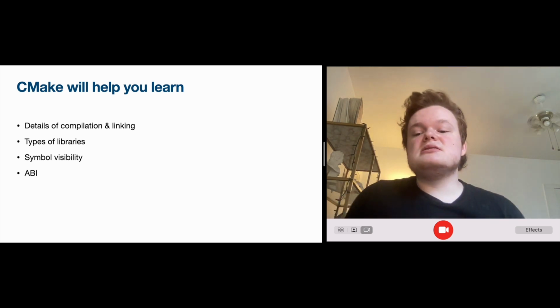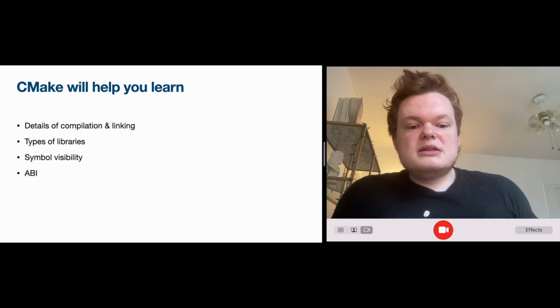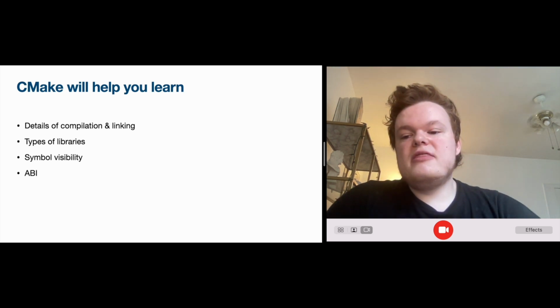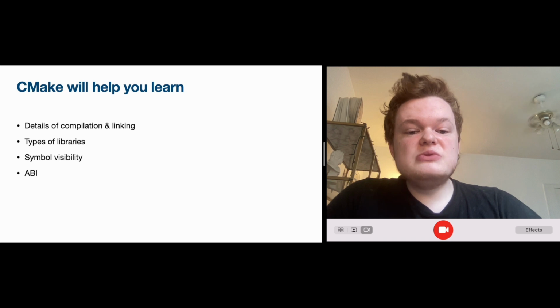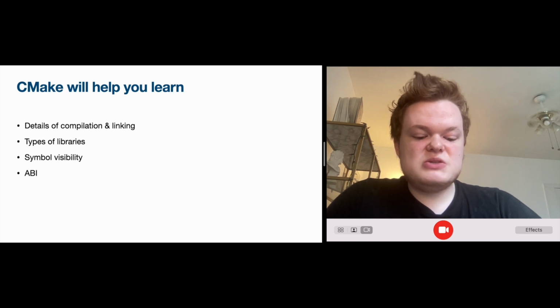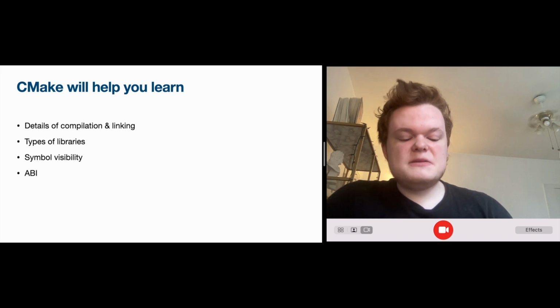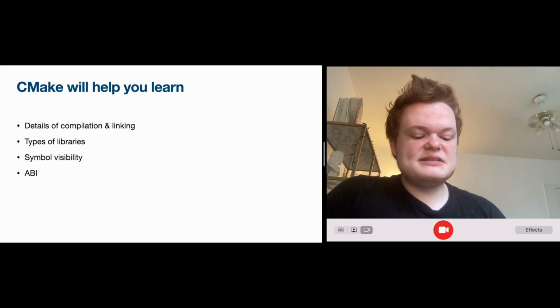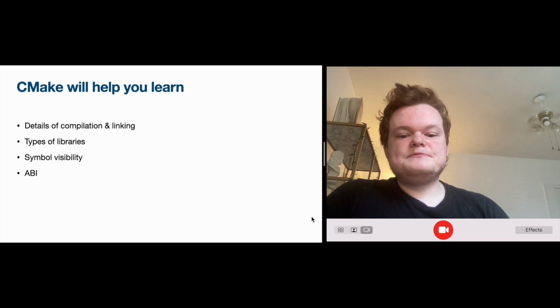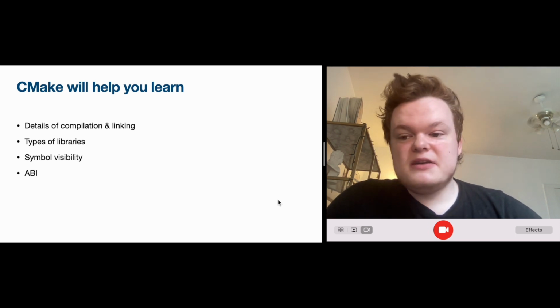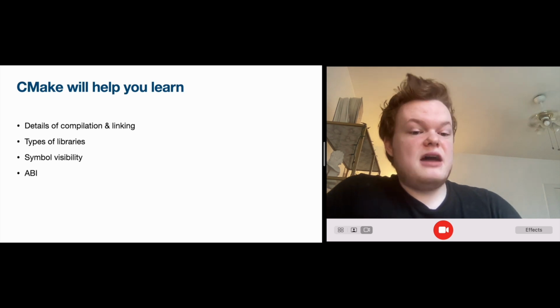All of these things are topics that I will talk about more in depth in future videos, but I just wanted to point out that I believe that using CMake causes you to gain a deeper understanding of C++ as a language, the C++ build process, and maybe have some revelations about C++ that you may not have had otherwise.